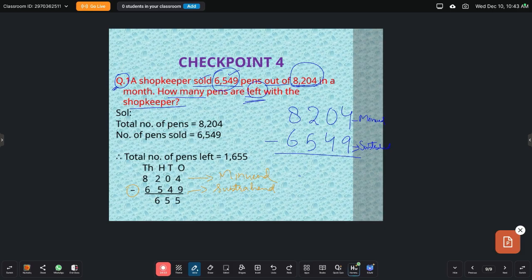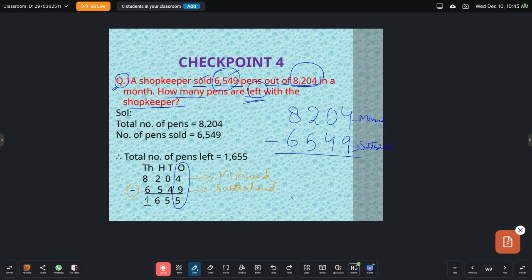We have to find the difference. So let us subtract. Here in ones column, we have 4 as minuend and 9 as subtrahend. Look here, minuend is smaller than subtrahend. What we have to do? We need to borrow from the next column.